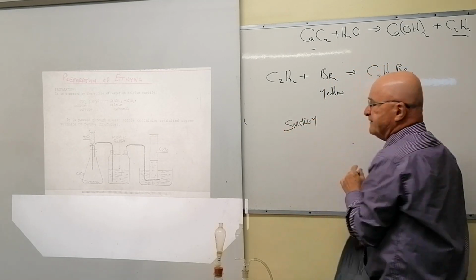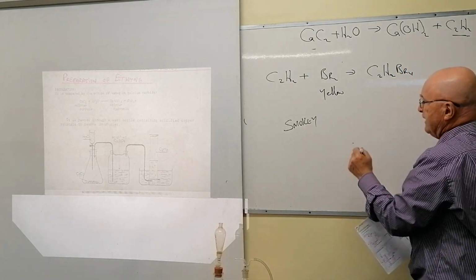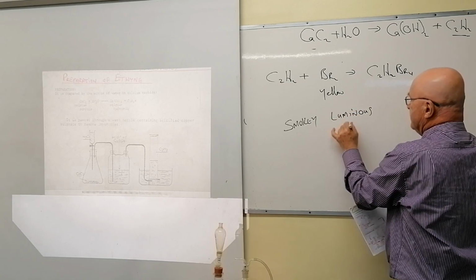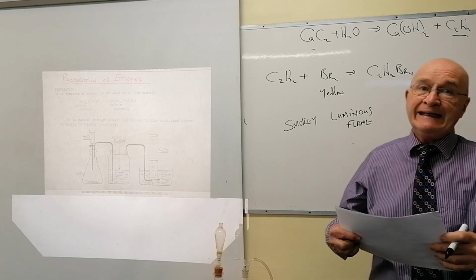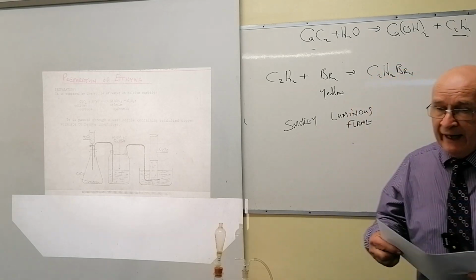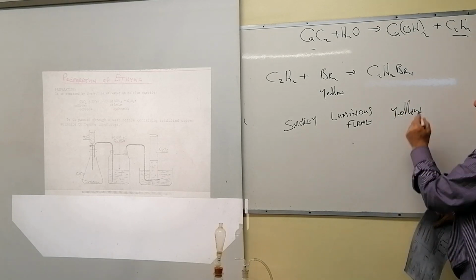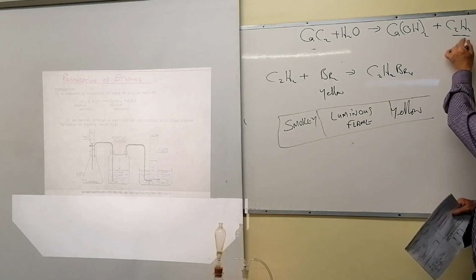There's a higher percentage of carbon in it, so you get a smoky flame. It will give you a bright or luminous flame, a very bright flame, brighter than the ethene if you're trying to compare them, and it will be yellow. That happens to be ethyne.